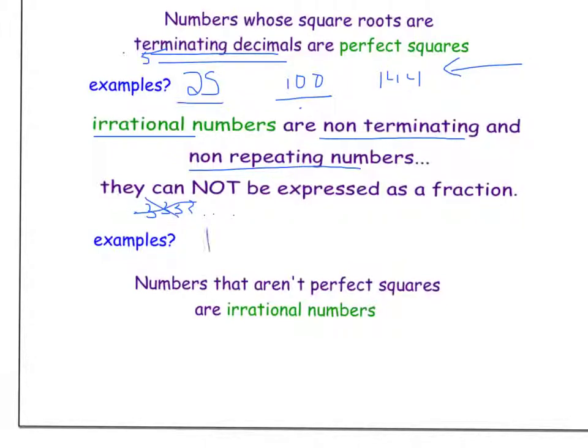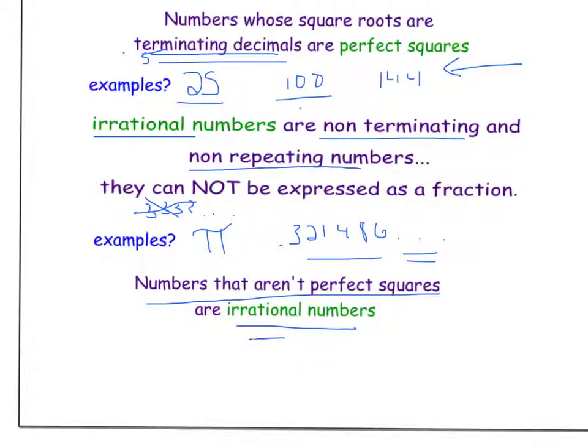The most famous irrational number is pi, because it goes on and on and on forever without repeating. So 0.321486, etc. Not repeating, not ending. Numbers that are not perfect squares are irrational numbers. This vocabulary is really important, especially for standardized tests. So irrational numbers, not perfect squares.